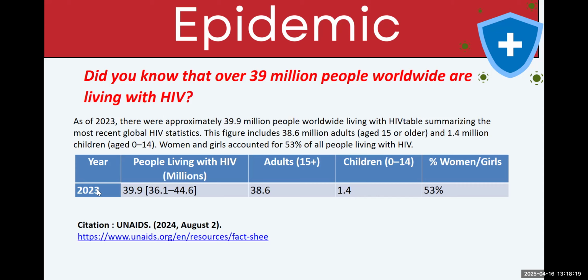This is a statistic calculated in 2023. Adults are 38.6 million, with males and females 53%, and 1.4 million are children this year.